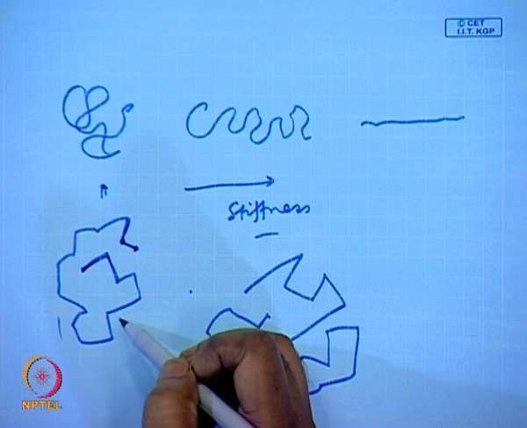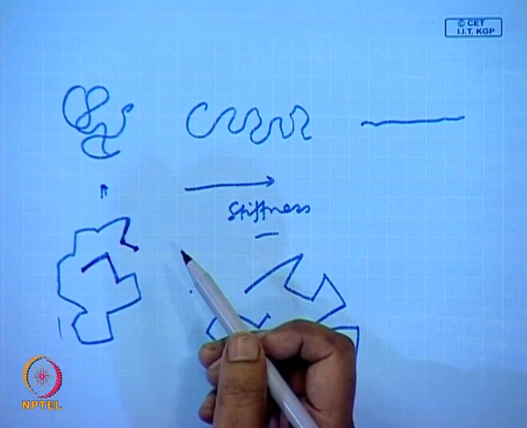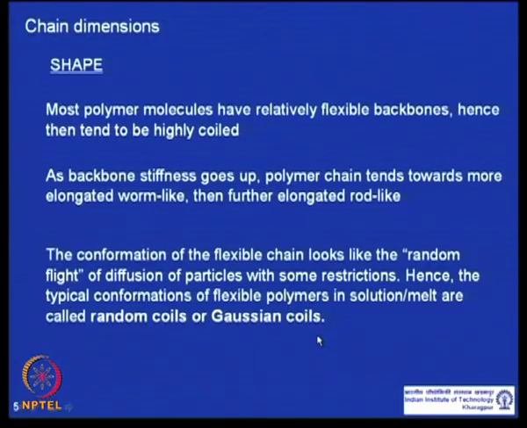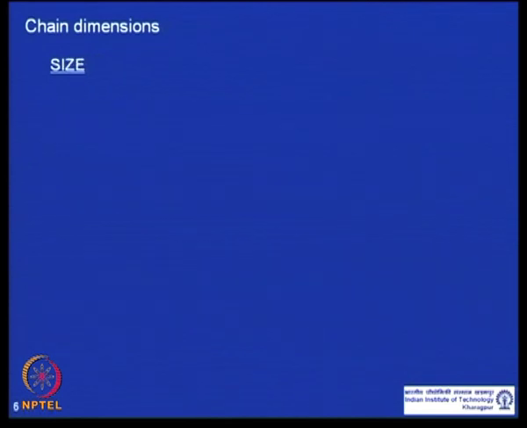Because it takes a random walk or random flight, we call the conformations of flexible polymer in solution or in melt random coils or Gaussian coils. Okay. Now, let us talk about size.